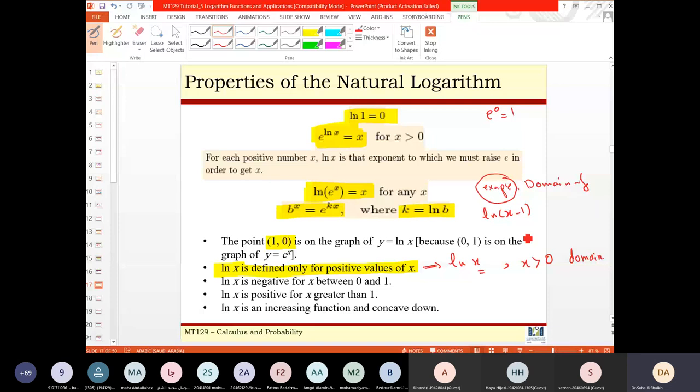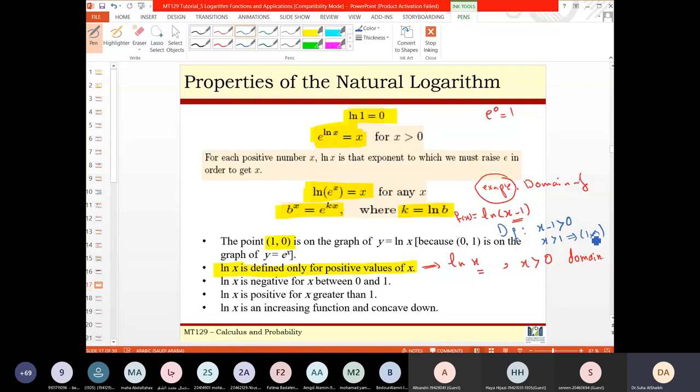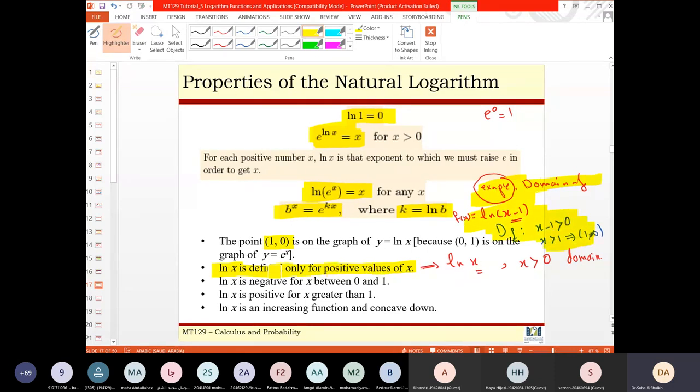Let me call it function f of x. The domain of f is when x minus 1 is greater than 0, meaning x greater than 1. So I can say the domain is from 1 to infinity. Good? Keep this example in your mind. It comes from this statement, the most important one of all: the function is defined only for positive values of x.